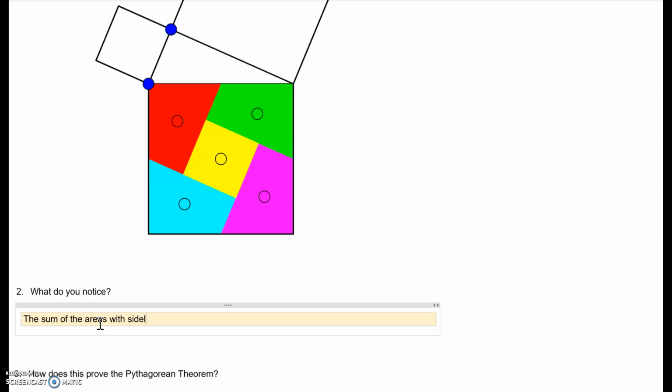with side lengths that are equal to the legs, okay, so those areas are equal to the square of the hypotenuse.